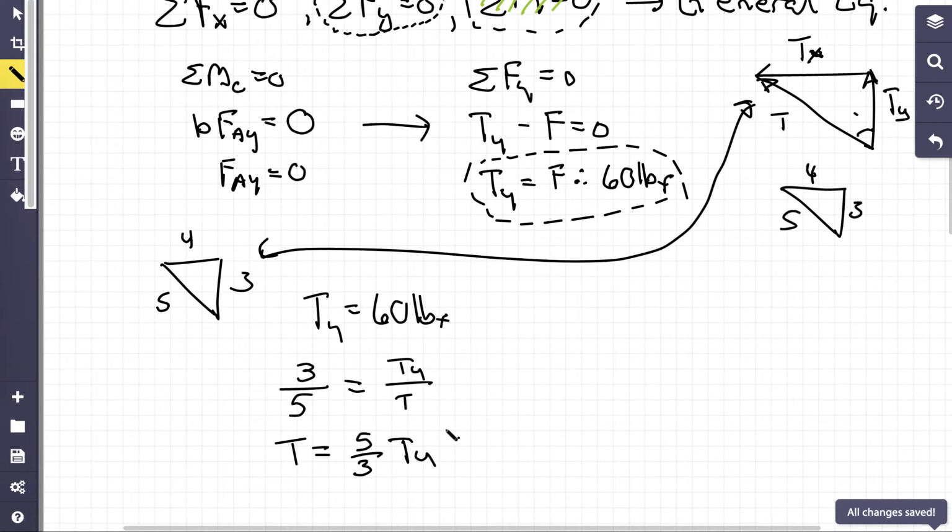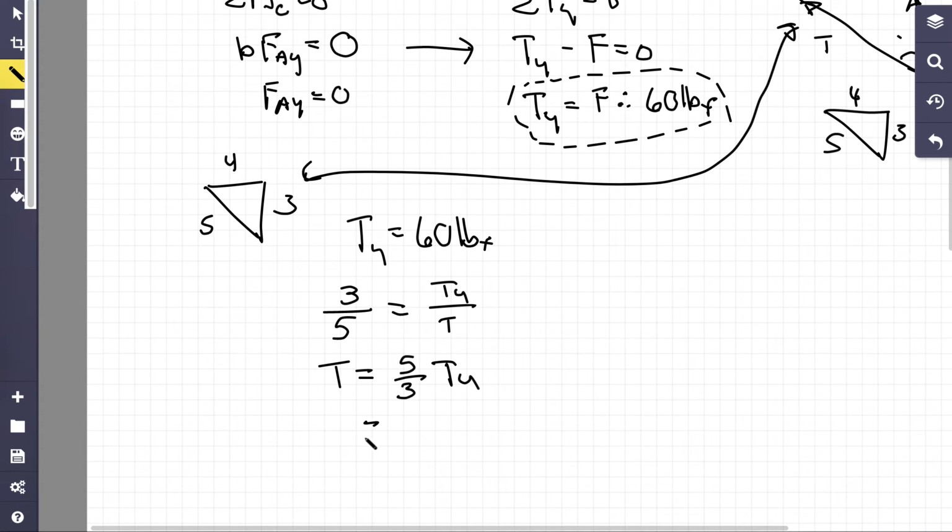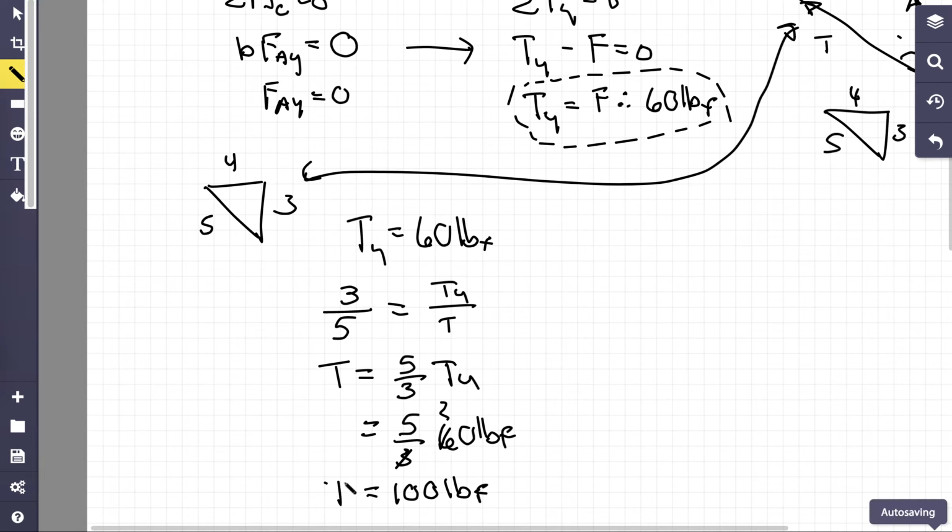So in this case, it's 5/3 times 60 pounds of force, and we don't even need a calculator. The 3 goes into 60 to give 20, 20 times 5, and we get 100 pounds of force for T. That's the first variable that we wanted to solve.